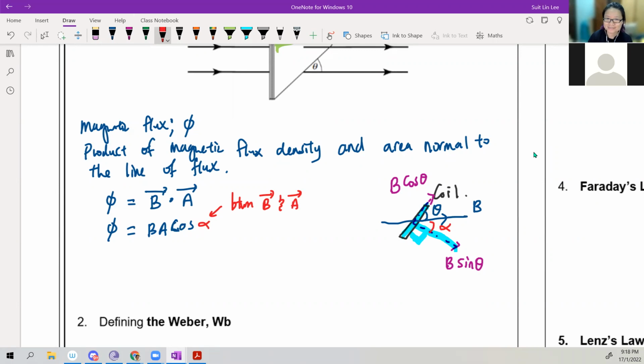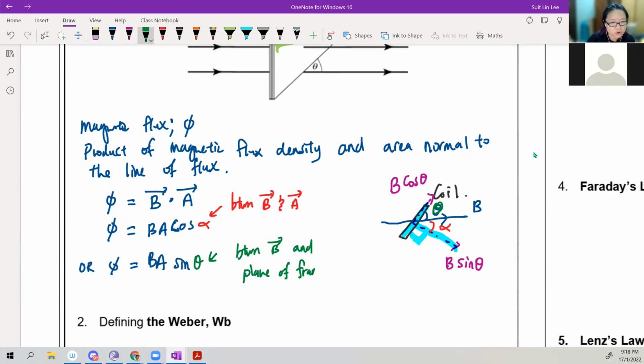But you see, most of the time instinctively you want to use theta. So it can also be flux is equal to BA sine theta. And this theta here, this is my theta, between the magnetic field and the plane of the coil, or the frame, or whatever you want to call it.